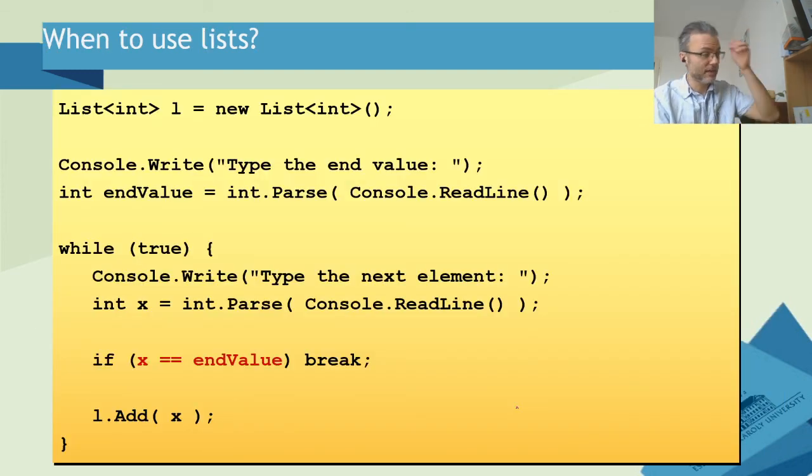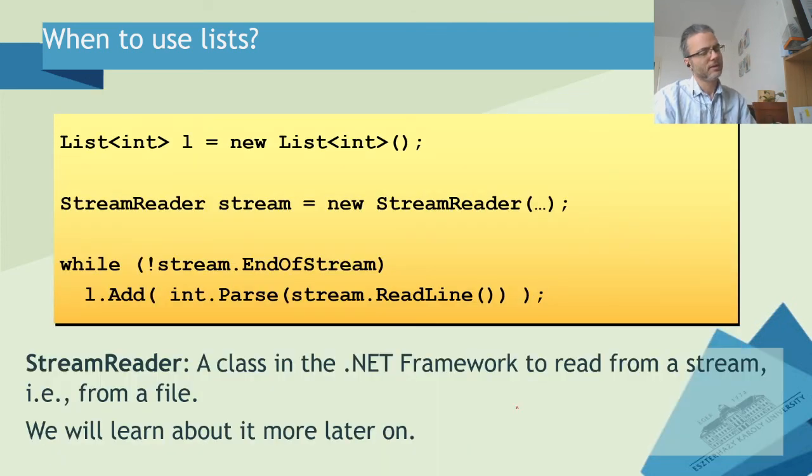Okay, here is an example of how to read something until the user types an end value. You will check this out by yourself. This is the last slide. Let me talk about this.